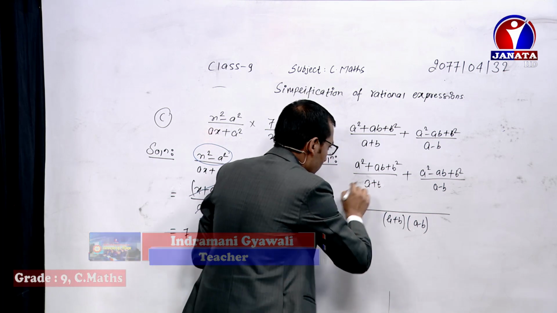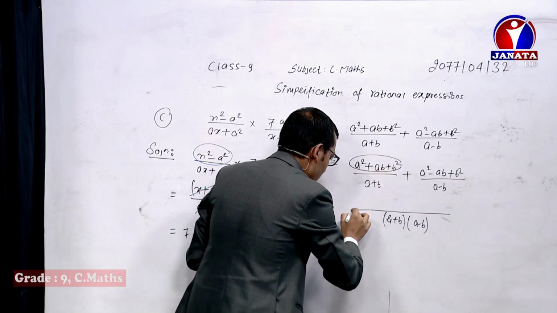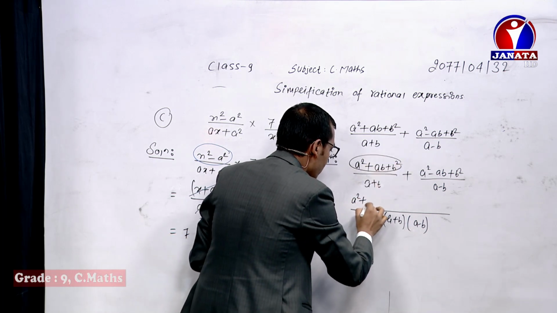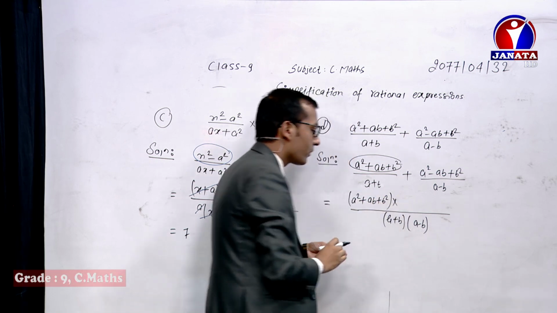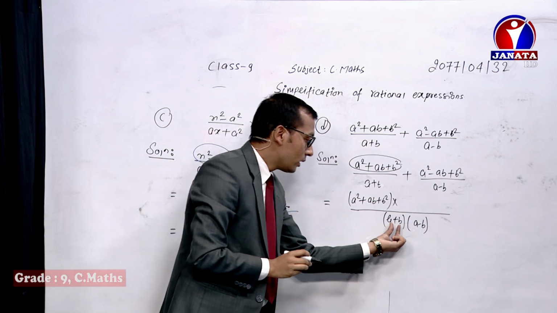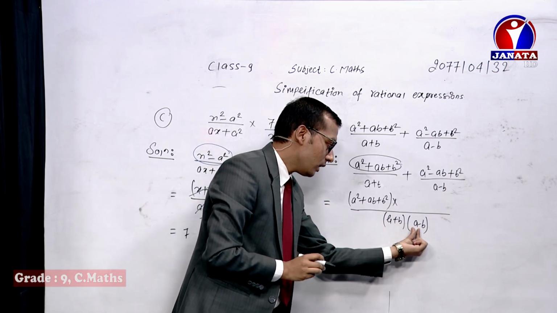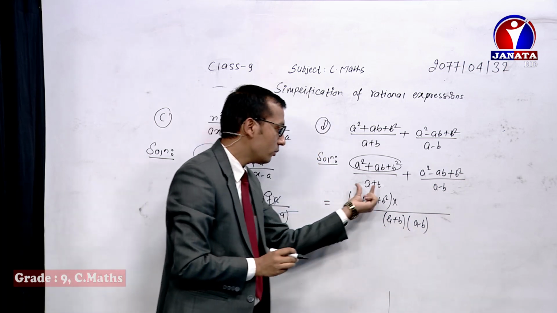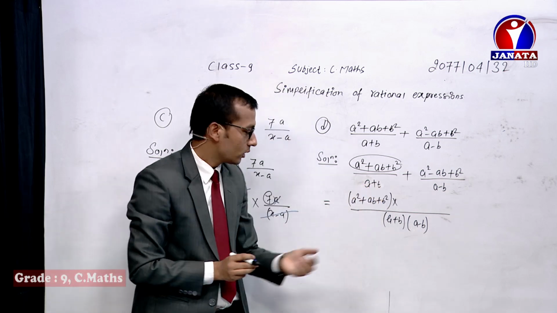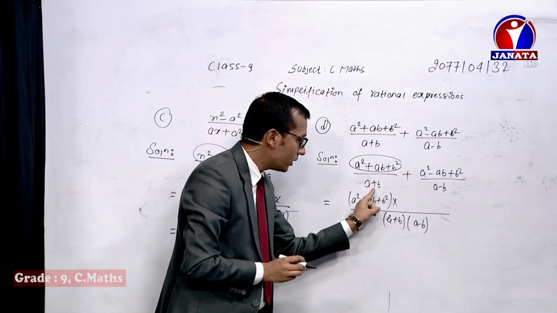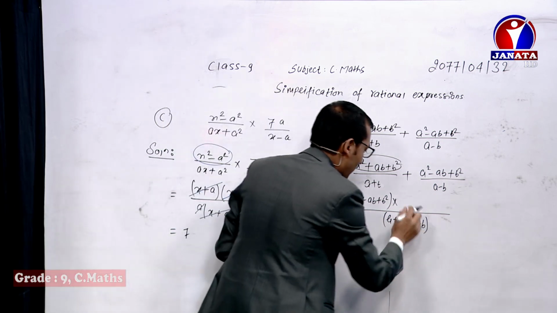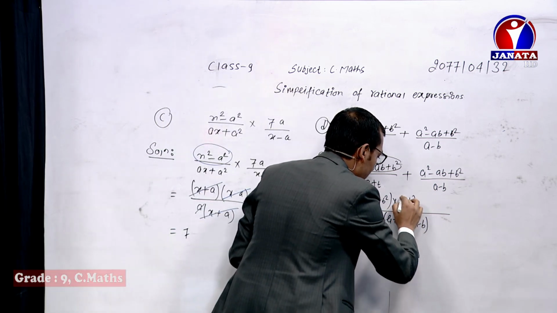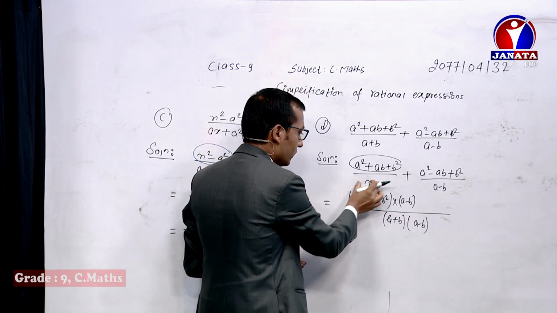So let me write the numerator as it is, a square plus ab plus b square times. When we divide the LCM a plus b times a minus b by the denominator a plus b, these two are cancelled out. What is the factor left? A minus b. So we need to multiply by a minus b in the numerator of the corresponding denominator.